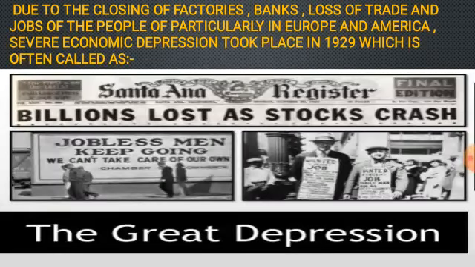Dear kids, due to the closing of factories and banks, and the loss of trade and jobs, particularly in Europe and America, a severe economic depression took place in 1929, which is often called the Great Depression.